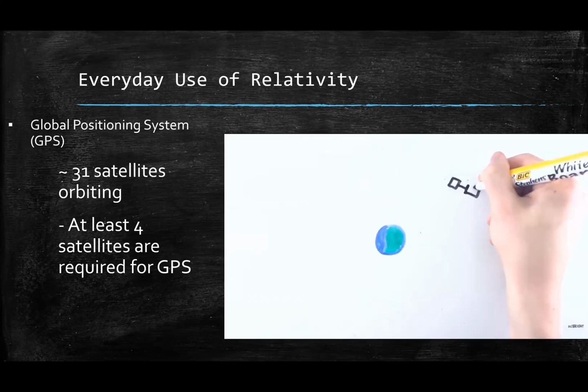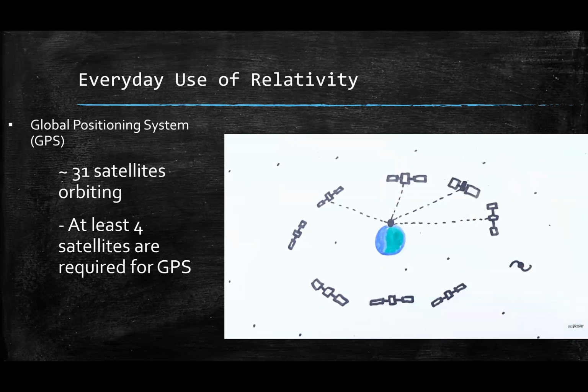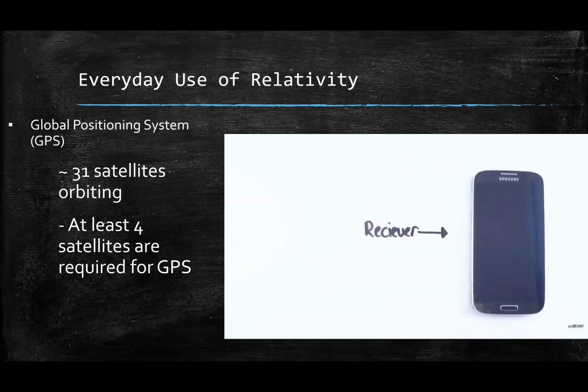GPS satellites are set up in such a way that from almost anywhere on the surface of Earth, you should have a direct line of sight of at least 4 GPS satellites. This is quite important on the basis that GPS point positioning requires at least 4 satellites to calculate 3 position coordinates and the clock deviation. As GPS units are receivers, there needs to be something sending some sort of signal to devices such as your phone to receive.